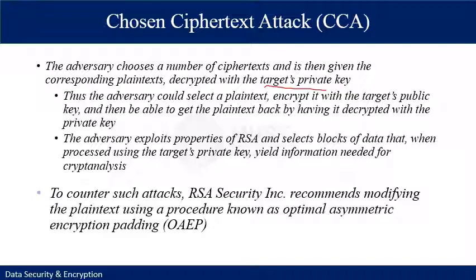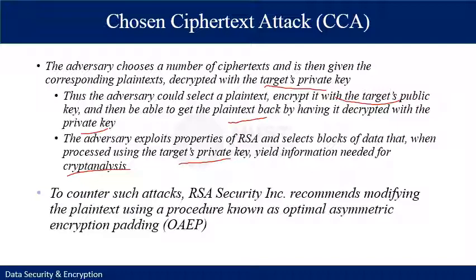Therefore, the attacker could select the plaintext, encrypt it with the target's public key, and then get the plaintext back by having it decrypted with the private key. The attacker exploits the properties of RSA and selects blocks of data that, when processed using the target's private key, yield the information needed for cryptanalysis. Clearly, this provides an attacker with no new information. Instead, the attacker can use the already guessed work.